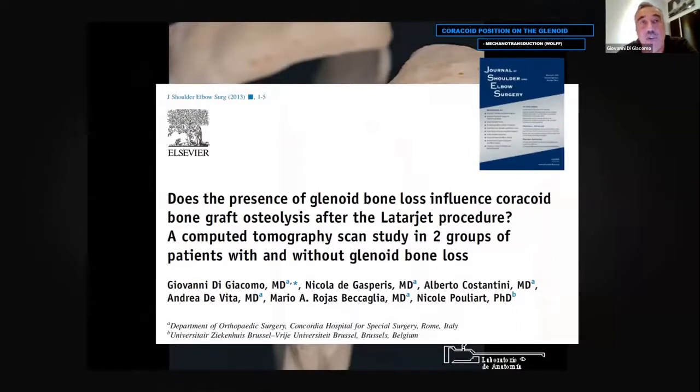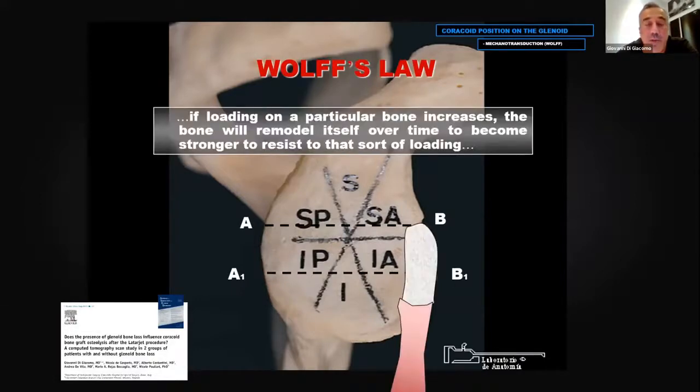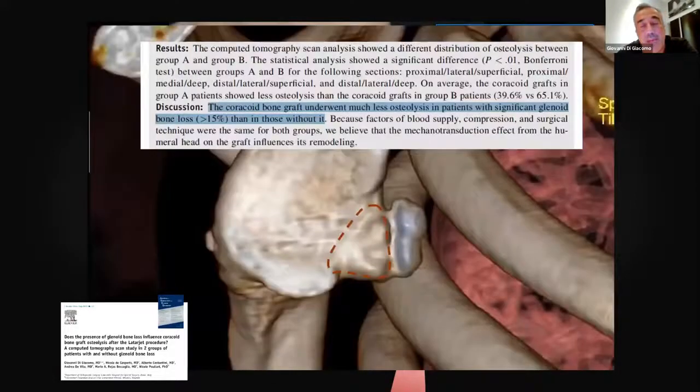It means that you chose a patient with no huge glenoid bone loss, but with a minimal glenoid bone loss, where the Wolff law doesn't work because you don't need the bone if you have a minimal glenoid bone loss. But we are lucky because the effect of the Latarjet is not only the bone, but is the sling effect. I mean the conjoint tendon and the most inferior part of the subscapularis tendon.